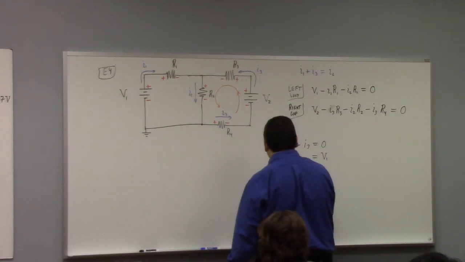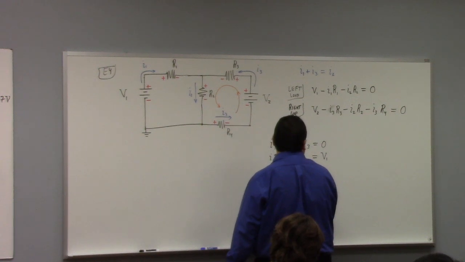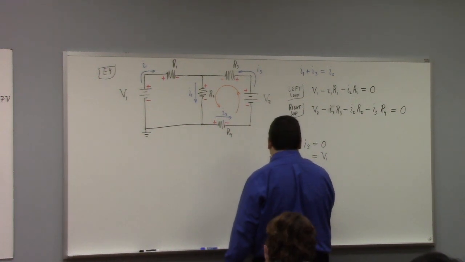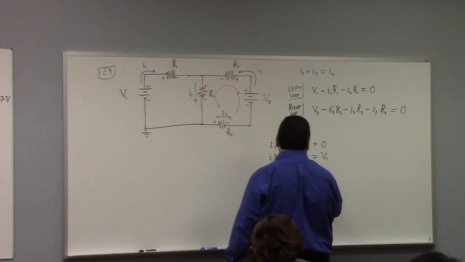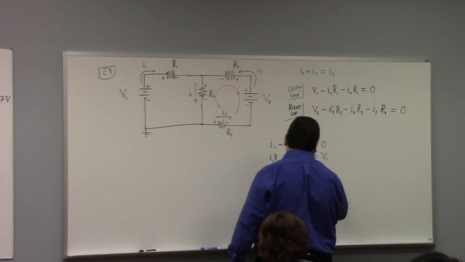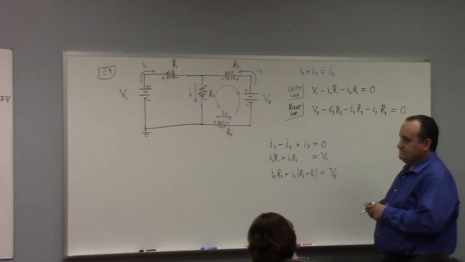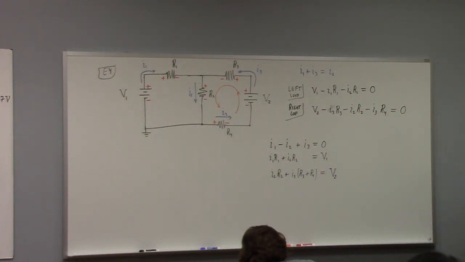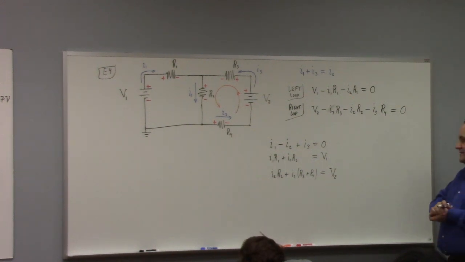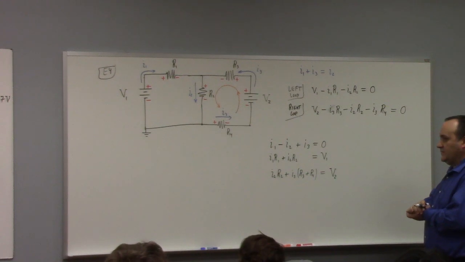And we've got I2R2 plus I3 times (R3 plus R4) is equal to V2. All right, I'm cleaning it up a bit. I think that's a nice way to look at this system of equations.